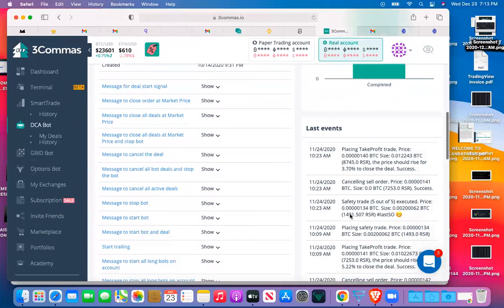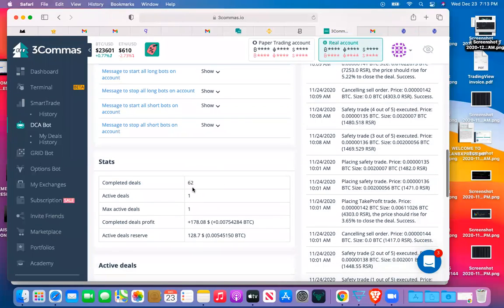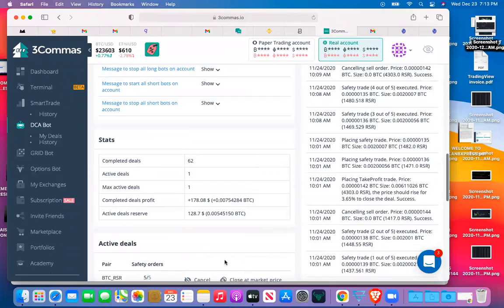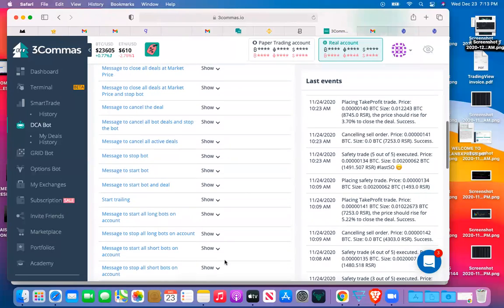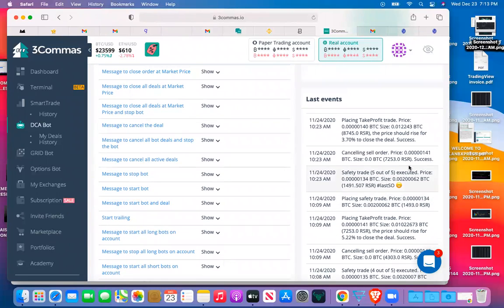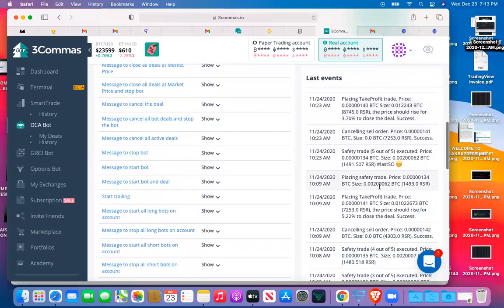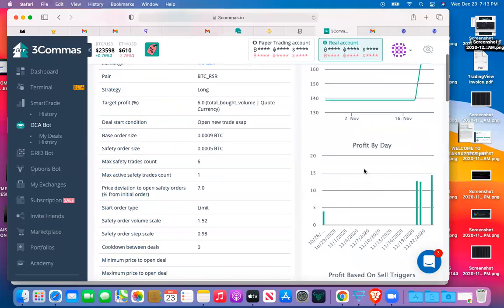Now, how many deals did it complete? 62 deals, making about $178 profit. Guys, make sense? So now, if you look at it, it's very simple. These bots were just doing their own thing, making profit, cancelling deals and all of that.